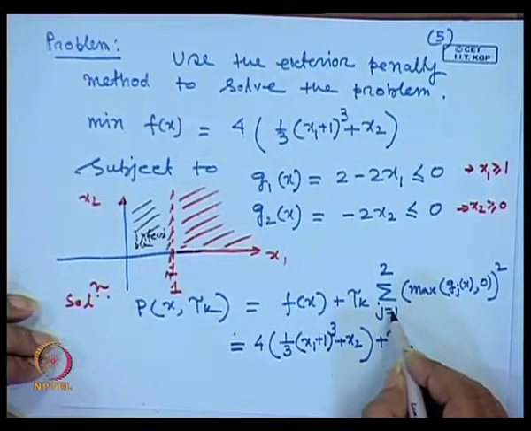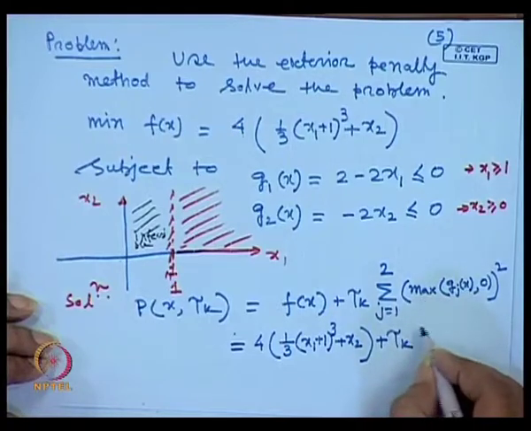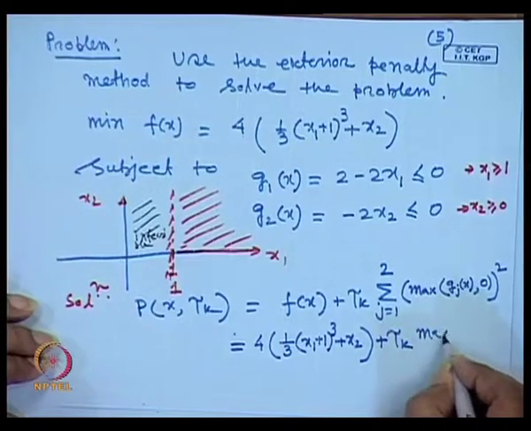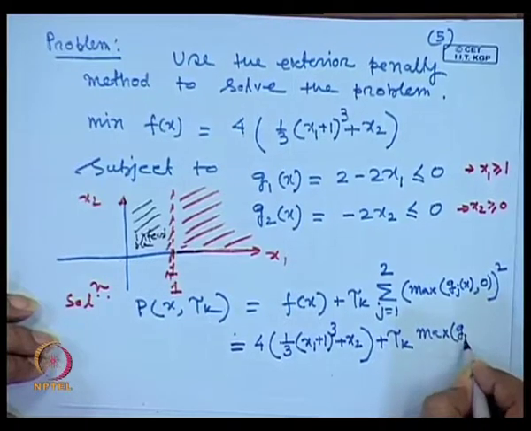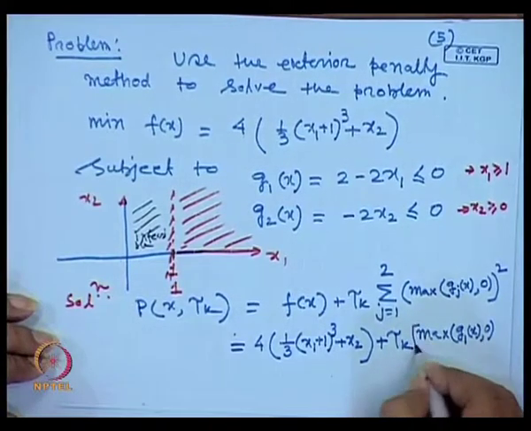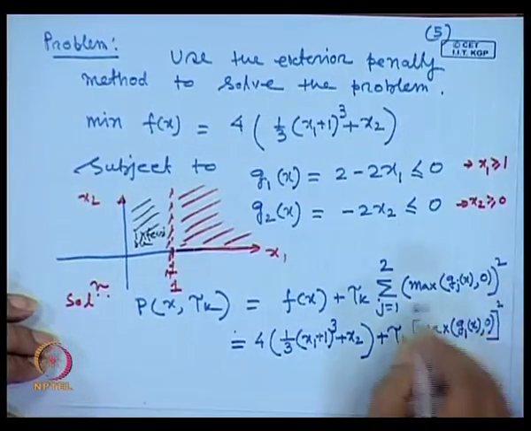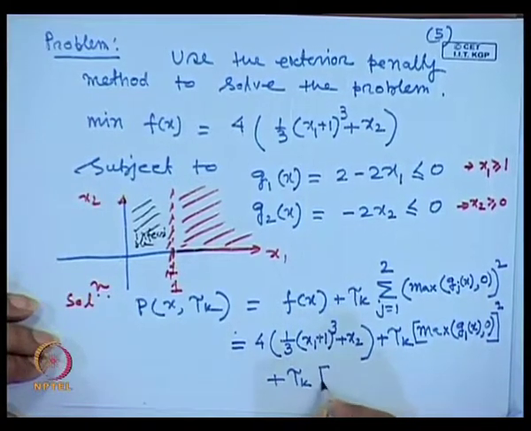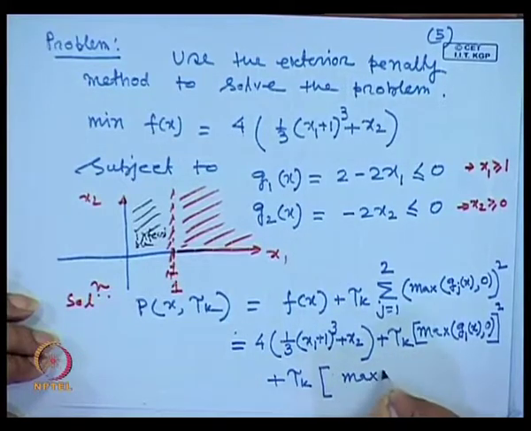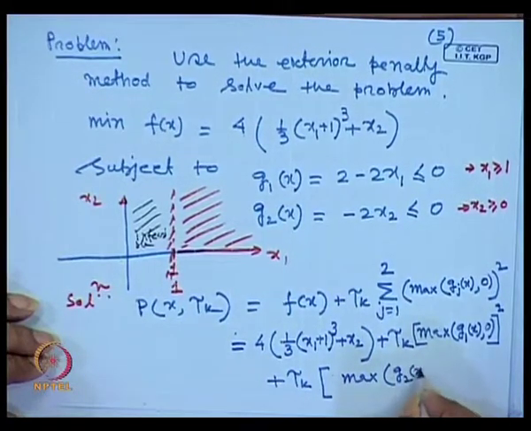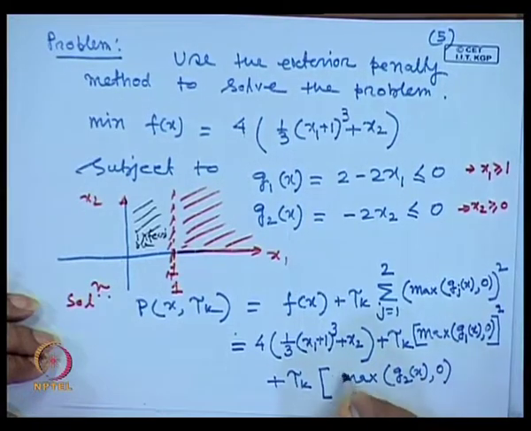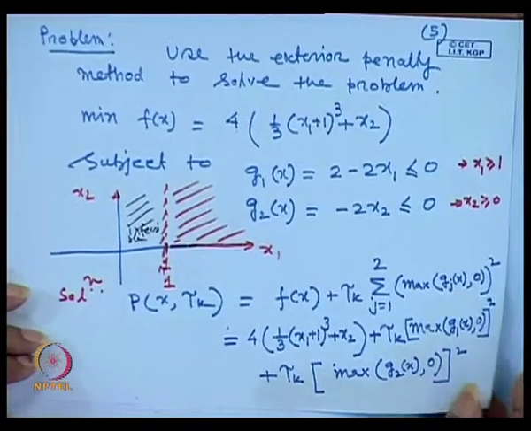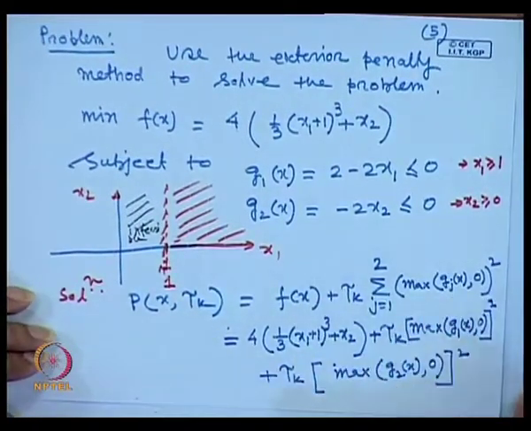Max, j equals 1, max of g_1(x), 0, whole squared, the first term I have written, plus tau_k max of g_2(x), 0, this one whole squared. Agree? So, these are the two terms I have written this way.